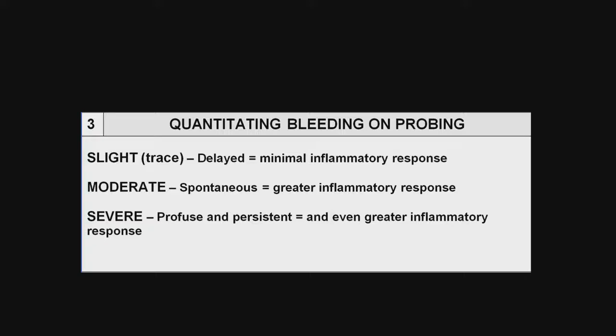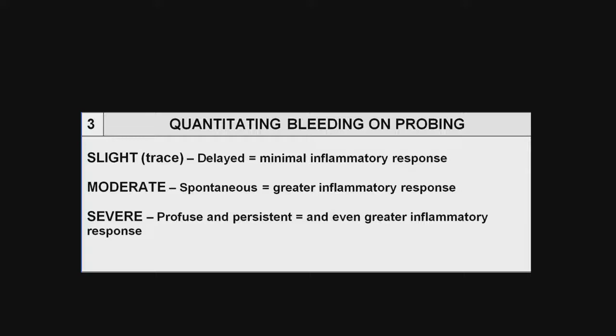Students used to say that the patient had bleeding on probing, whether they really did or not. But this makes them think. Slight is a trace. For instance, if you probe number 18 in 2 or 3 places and you get no bleeding, but by the time you get up to 20 or 21, a little blood has oozed out, that would be slight or a trace. Moderate bleeding on probing is spontaneous and indicates there's a greater inflammatory response.